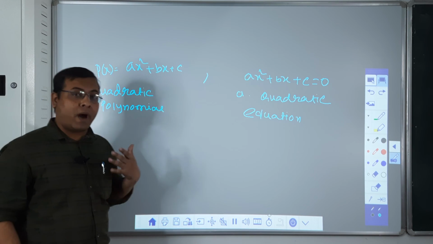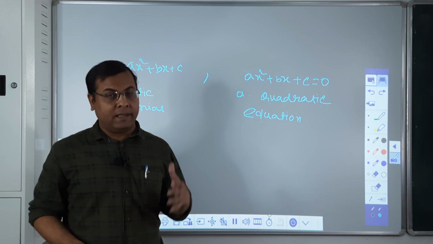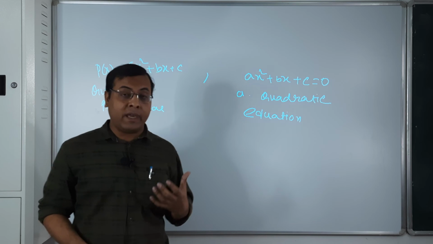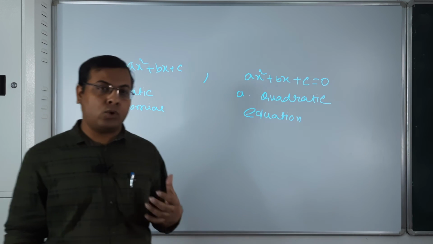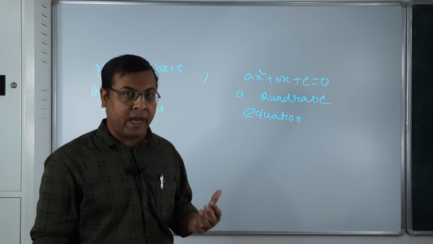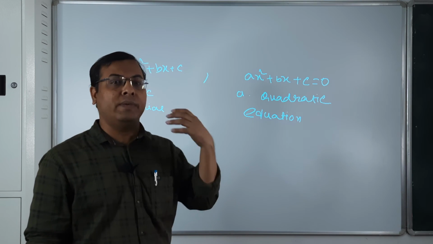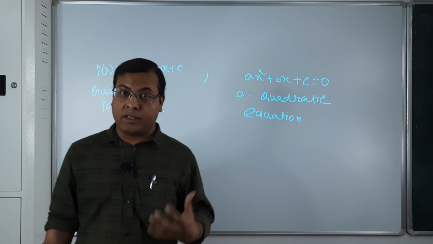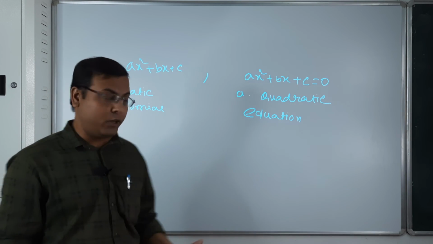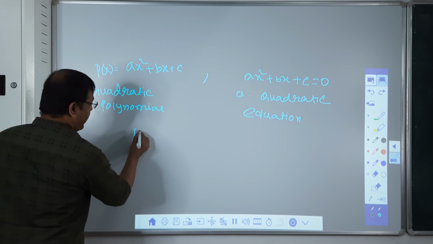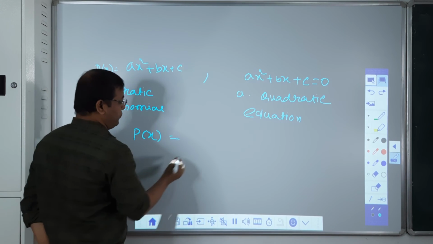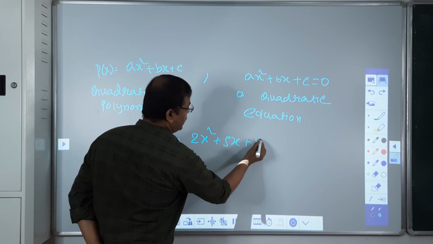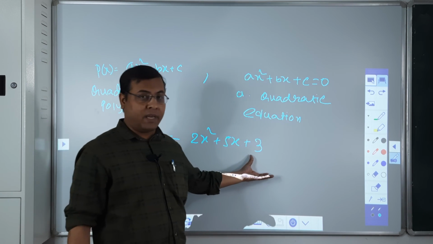So when you have to find the zeros of a polynomial, then you have to consider the polynomial equation. When you have to find the zeros or root of a polynomial, you have to consider the polynomial equation. Then you have to solve this equation and then you get the zeros or root of the polynomial. As for example, if p(x) is equal to 2x square plus 5x plus 3, this is a quadratic polynomial.